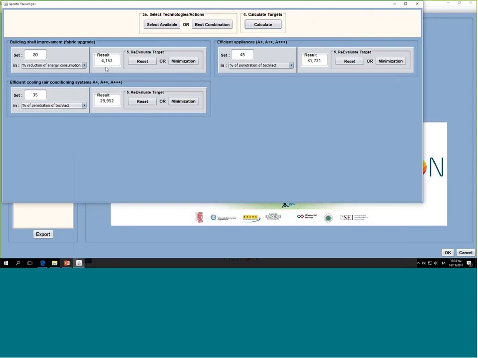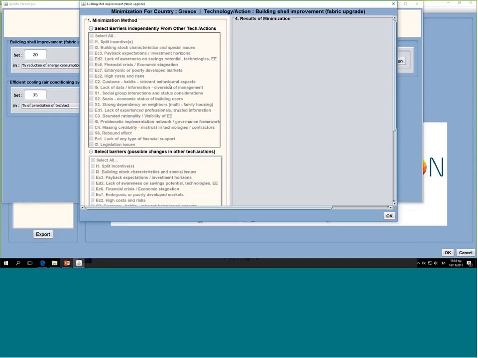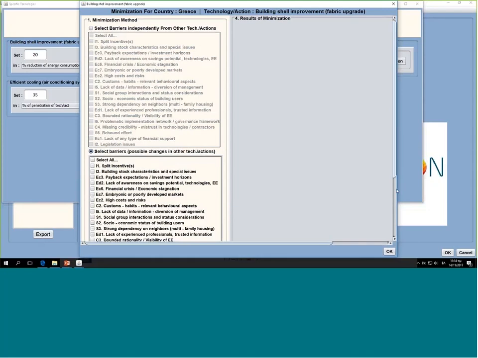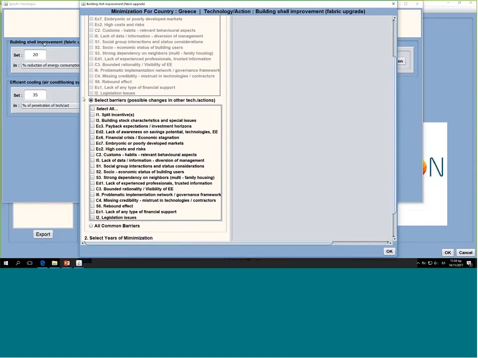We calculate, we see the percentages, and then we can minimize again. We select the common ones. The priority technology is again the building cell improvement.